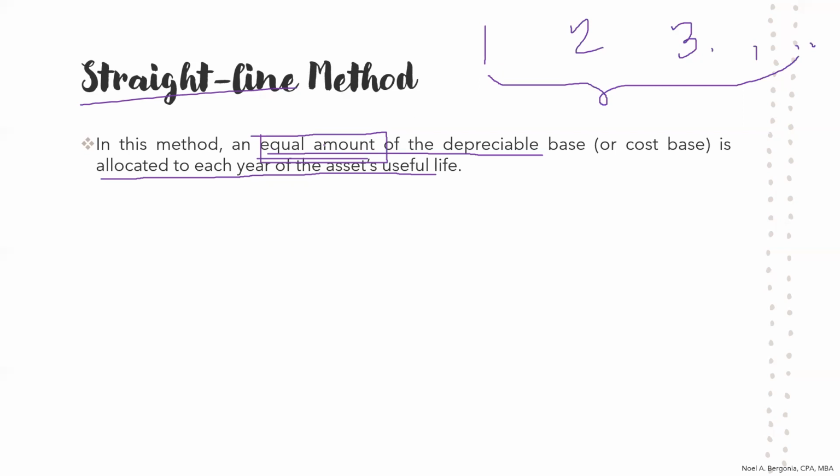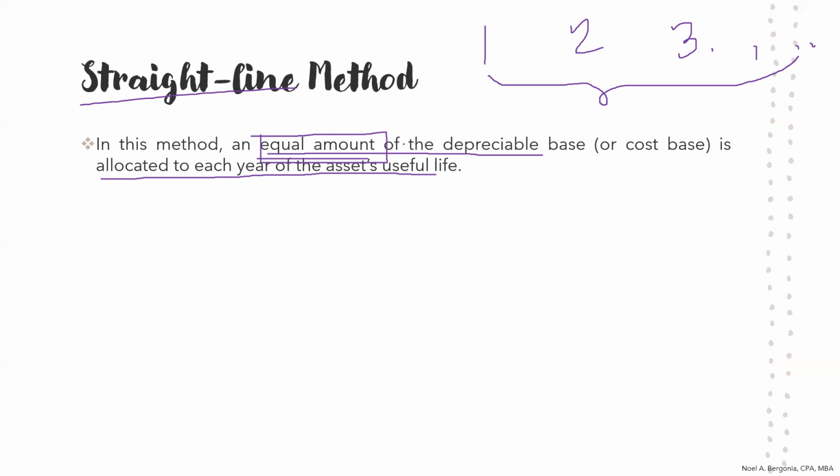It is not difficult because once you have computed it based on the formula, you get the whole year, and then you just proportion it to the number of months you used it. It is also equal per period.